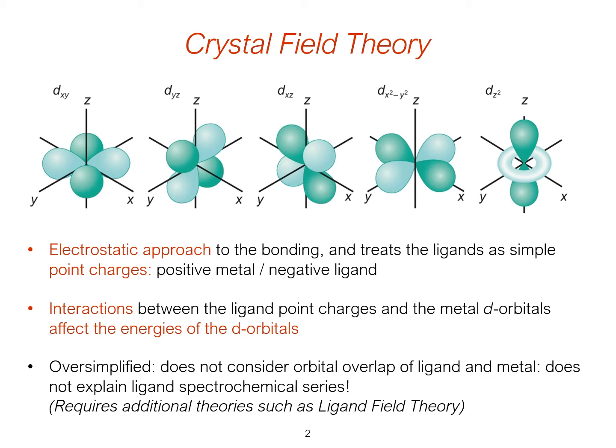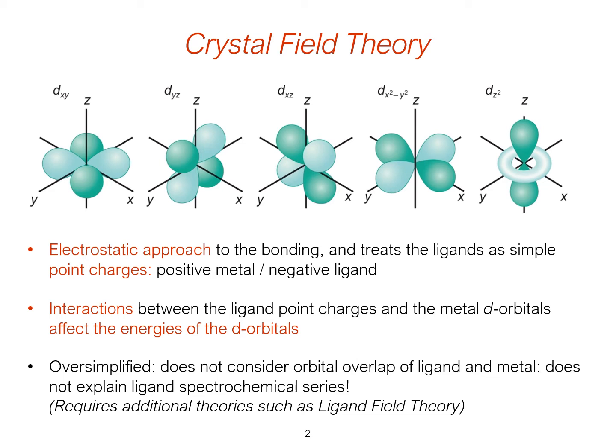So with crystal field theory, it takes an electrostatic approach to the bonding and treats ligands as simple point charges. In this case, the metal is positively charged, as it usually is, it's a cation. And the ligands, rather than having any orbitals or anything, are just negatively charged points or spheres in space.